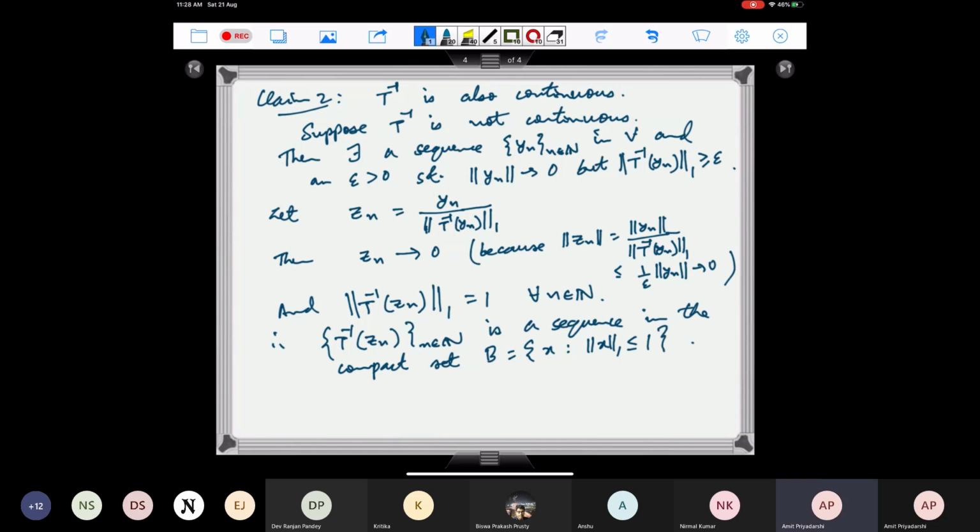So if there is any sequence in a compact set, then it must have a convergent subsequence in a metric space.